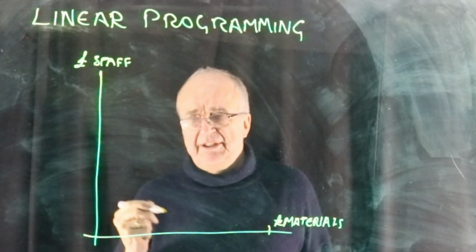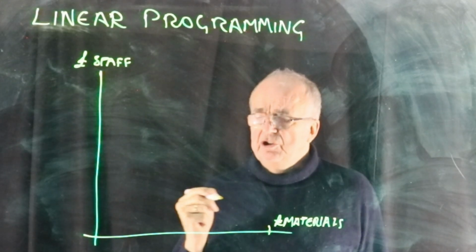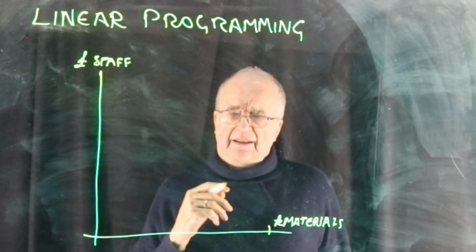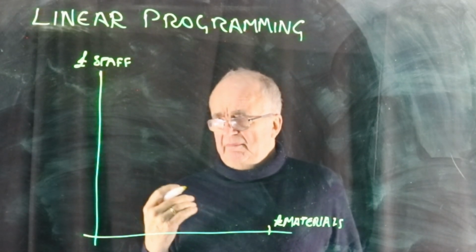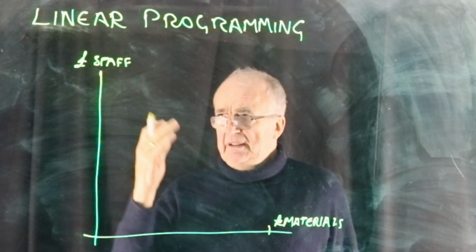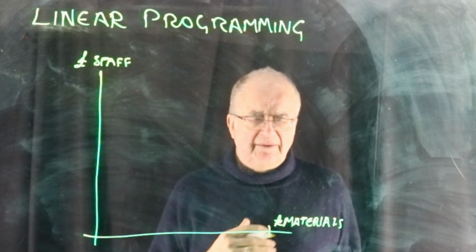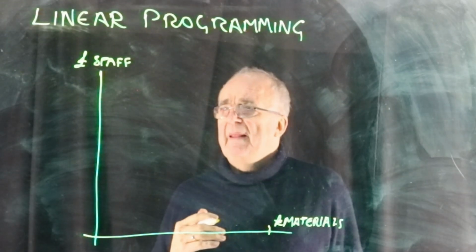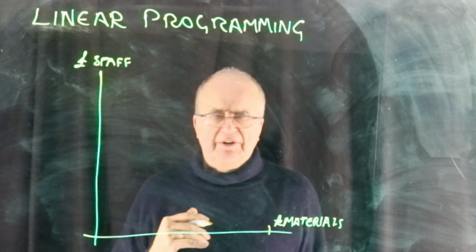It's simplistic, but let's suppose that the choices that the managers of the school have to make are between spending money on staff or spending money on materials. And they've got a budget.